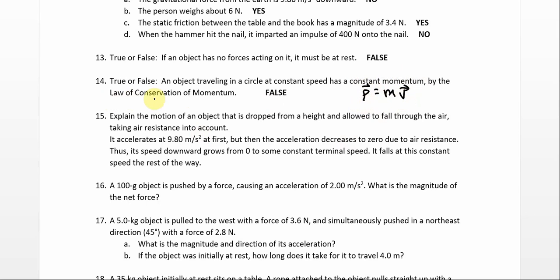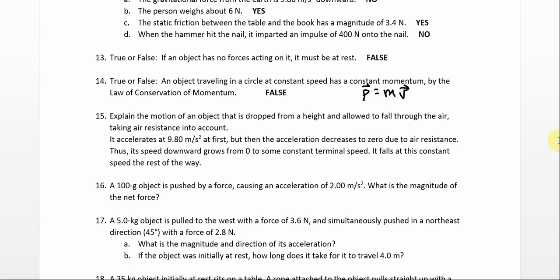And furthermore, the law of conservation of momentum does not apply, because if you're going to have centripetal acceleration, there must be a force, the centripetal force. Something has to be constantly turning the object to keep it traveling in a circle. It could be any one of several kinds of forces, right?